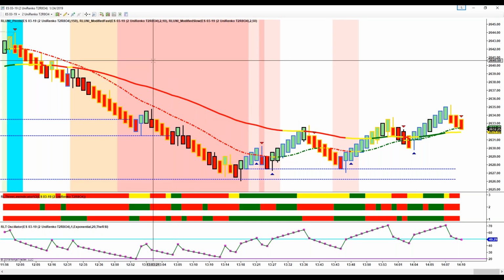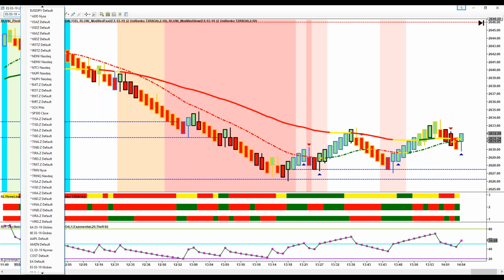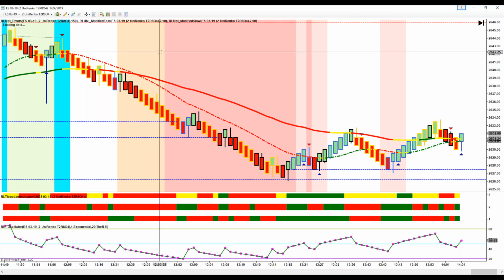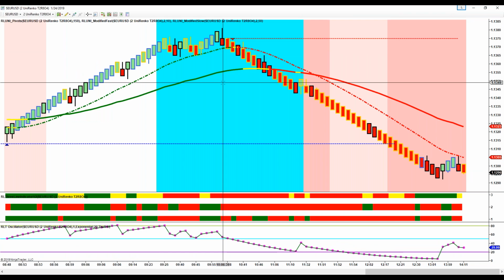And now we'll go to a Forex pair. We can go to any of them. Where are they? Here they are. All right, we'll look at the euro dollar. Now here's the euro dollar.